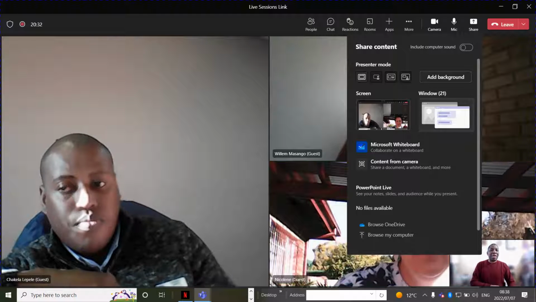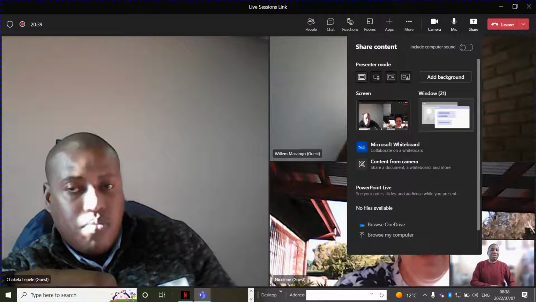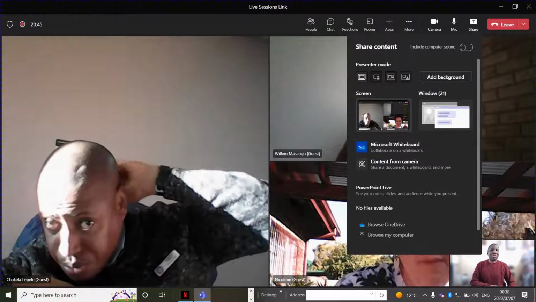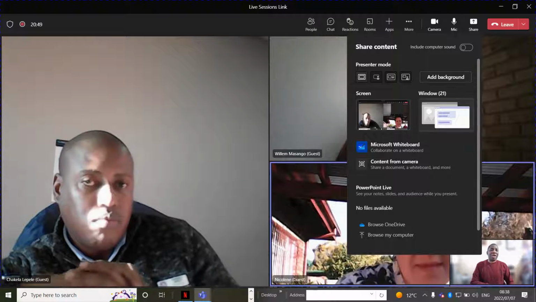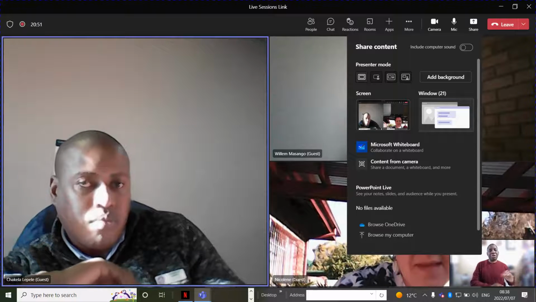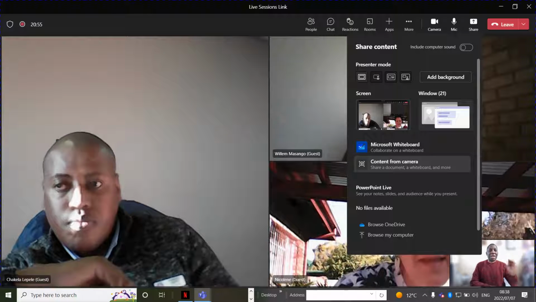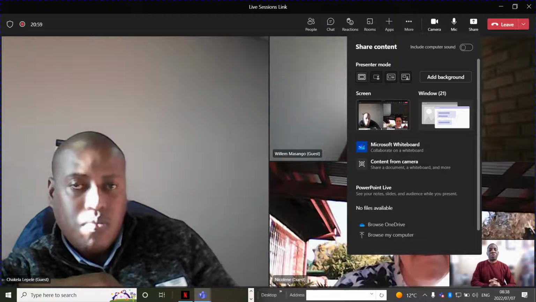Okay. And then you will see 2 squares. One says screen share, the other one says window. I think rather use screen share so that you don't struggle, so that we see what is on your desktop. Or if you have several windows open on your desktop, you can click Window and just select the window that is open so that you can share only that window.